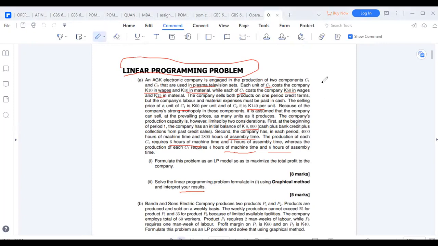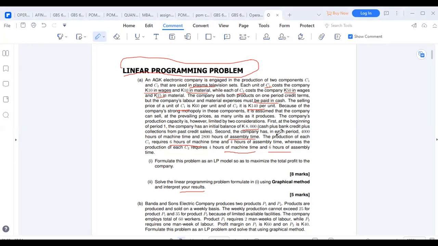Now, the other constraint that we need to introduce here is this one, where they are saying the company sells products on 1 period credit terms, but the company labor and material expenses must be paid in cash. So they must be paid in cash, all right?